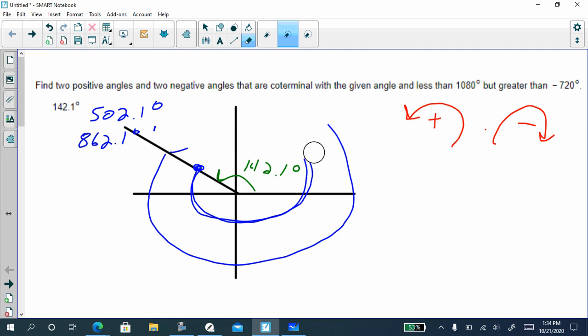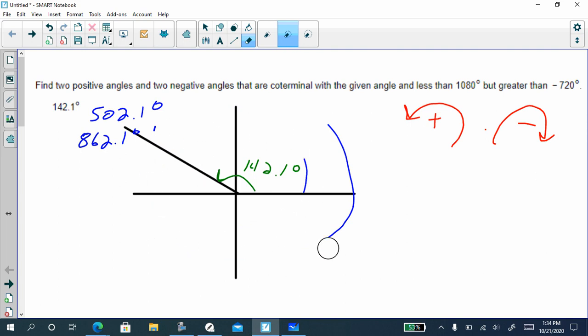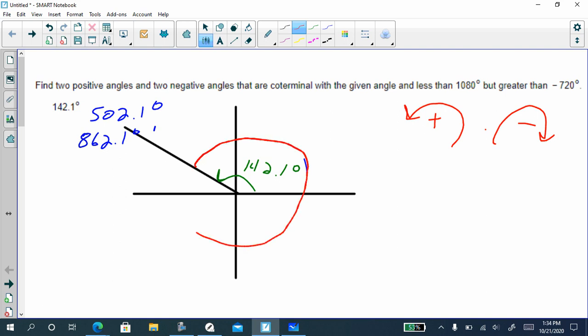So let's erase that. If we want to rotate in the negative direction, we would start here, rotate, and if we go all the way around, it gets us back to the same direction. So from where we start, if we travel 360 degrees in the negative direction, that would get us back coterminal.